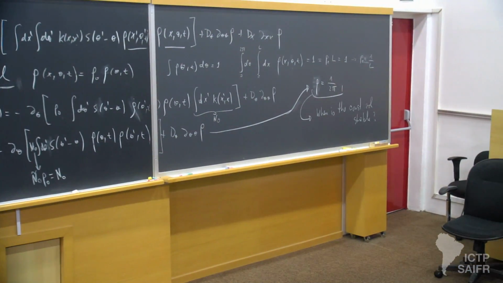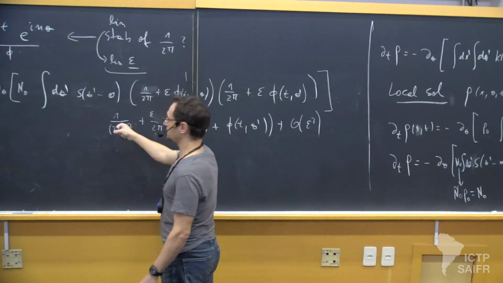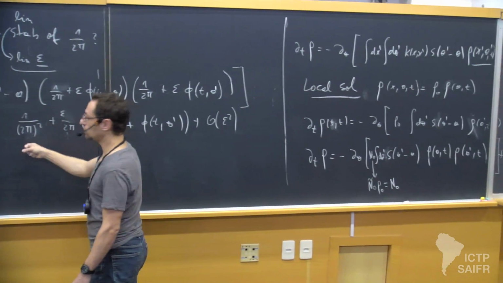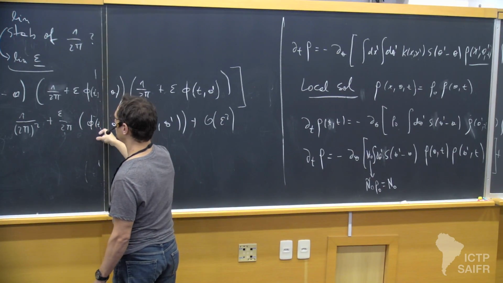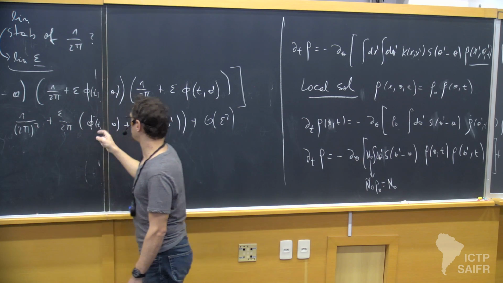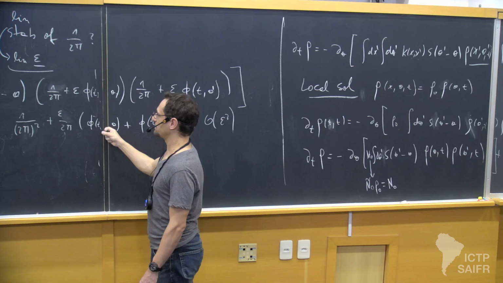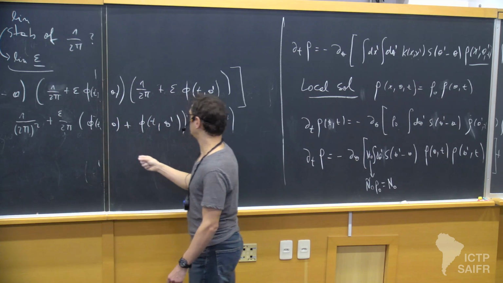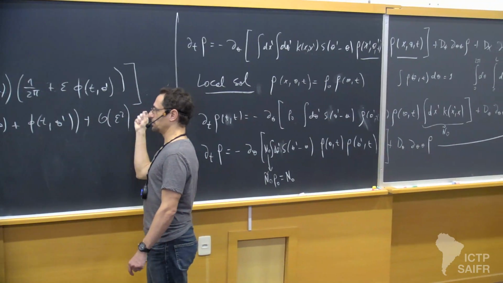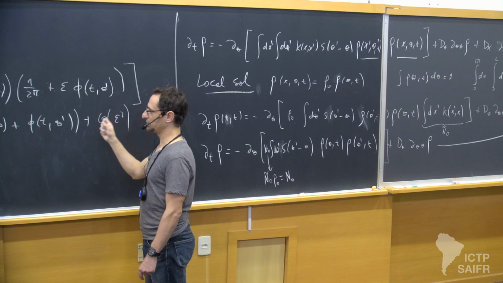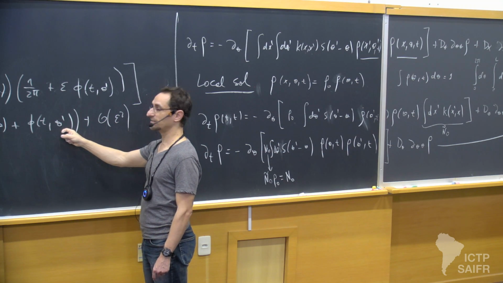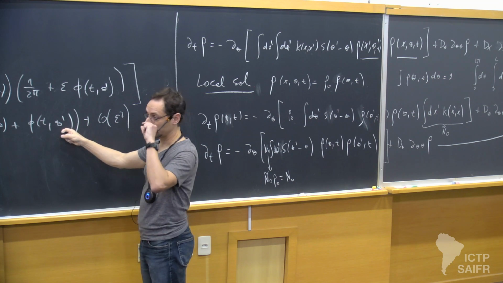Now I take this integral with respect to the sine. When I take the integral, this is gone. When I take the integral with respect to d theta prime, I can ignore what is happening with this, so this is going to be gone. And this we ignore because it is higher order in epsilon, so the only thing that remains is this one, right?